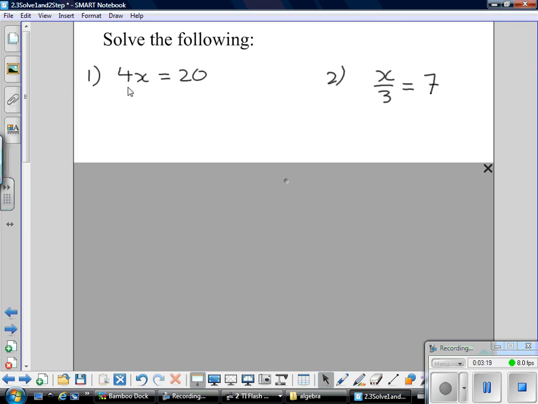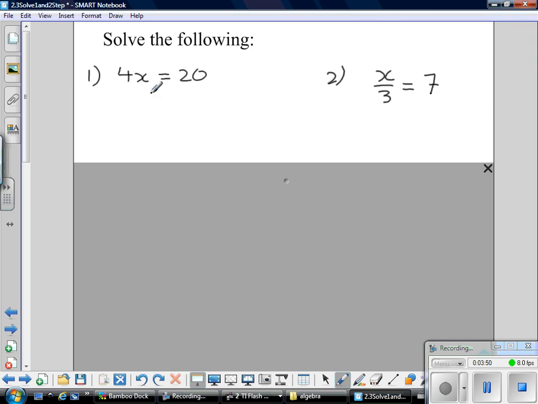Right now it says 4 times an x. So the opposite of multiplying, the inverse operation, is dividing. I literally would divide both sides. I can divide by doing it like this, or if you prefer, you could go like this. To be honest, I think it's easier, with fewer times I have to pick up my pen, if I do it with the stroke underneath. So I'm going to do it that way again.